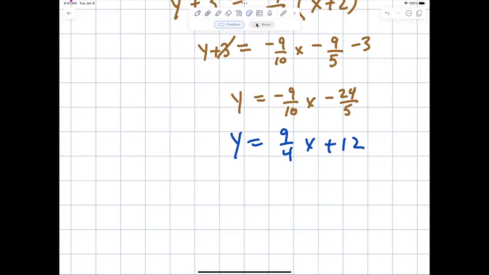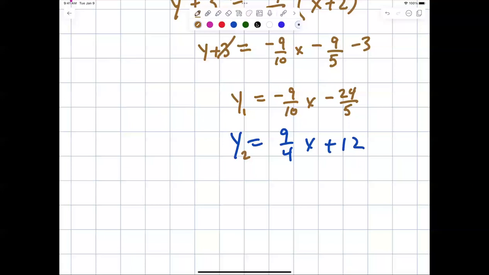Now type it in under Y1 and Y2. Type it under Y1 and Y2. Remember, you're calculating the point of intersection, which is second calc 5, enter, enter, enter.